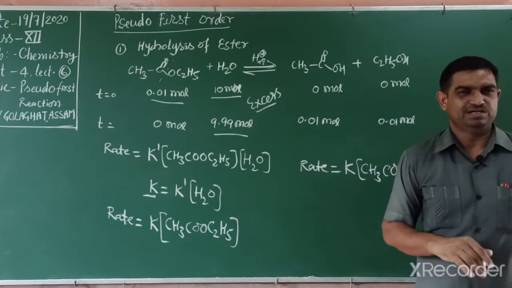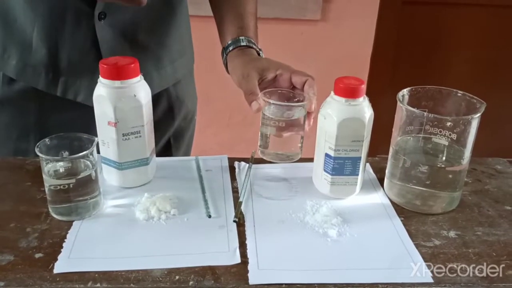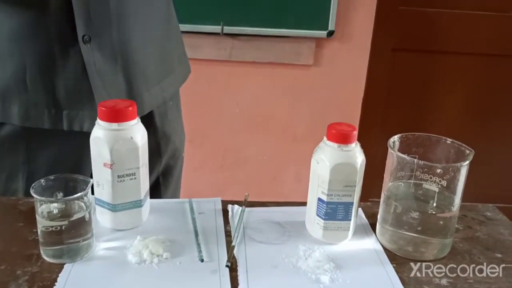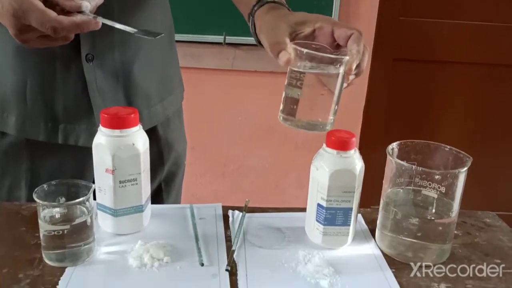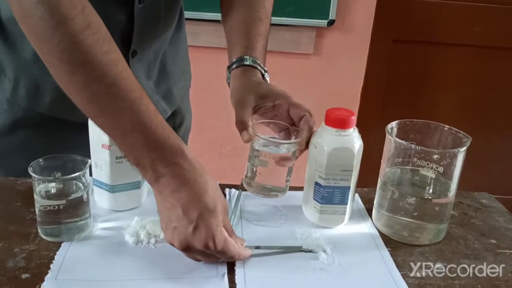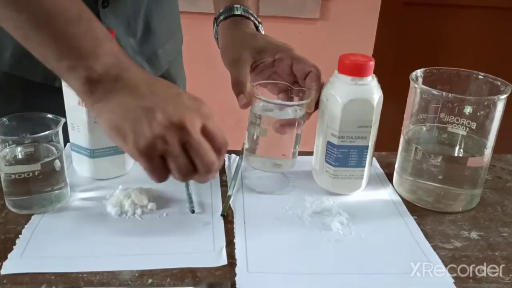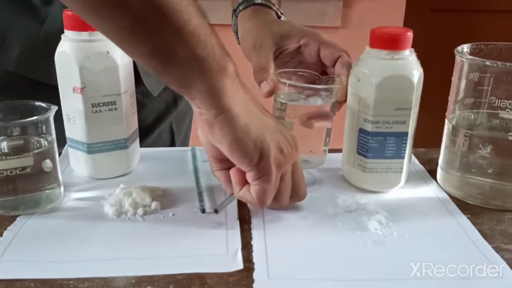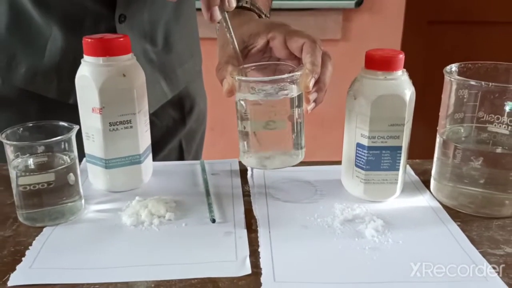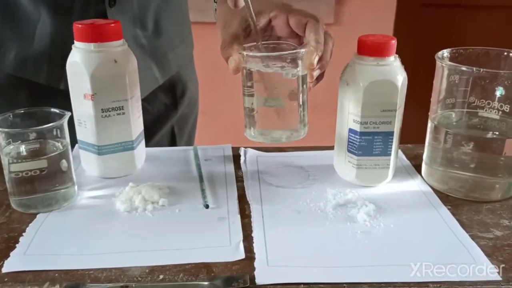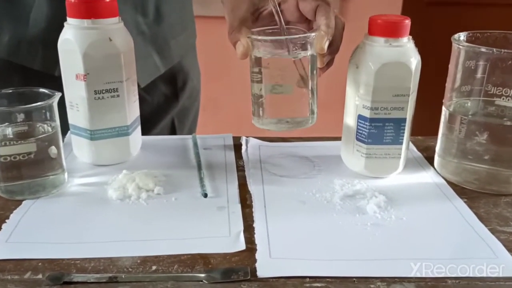I can show you an activity. Students, in approximately 200 ml water, I mix sodium chloride, a small amount of sodium chloride. So this is hydrolyzed, meaning it is dissociated into respective ions.